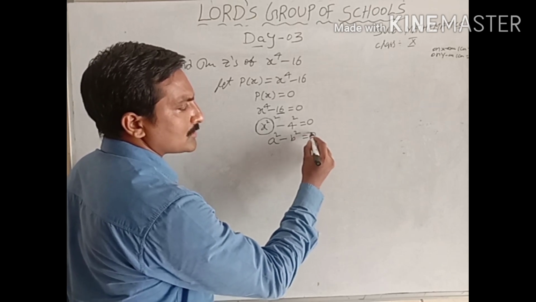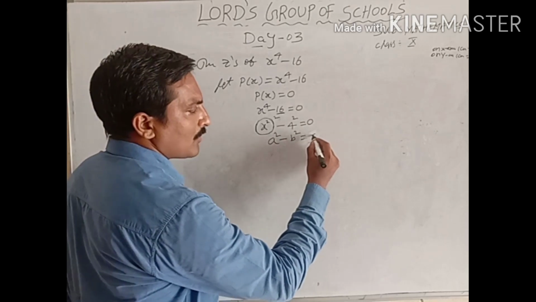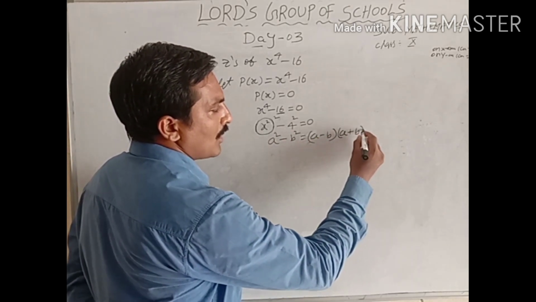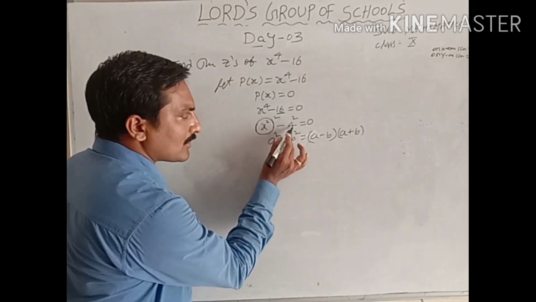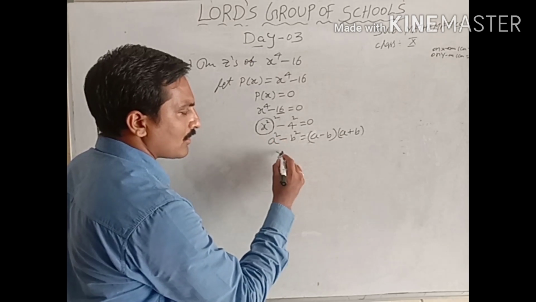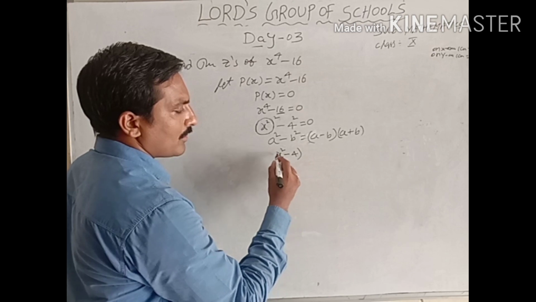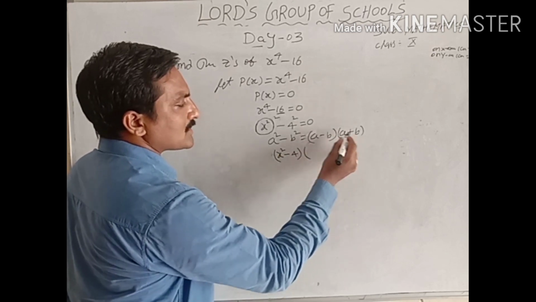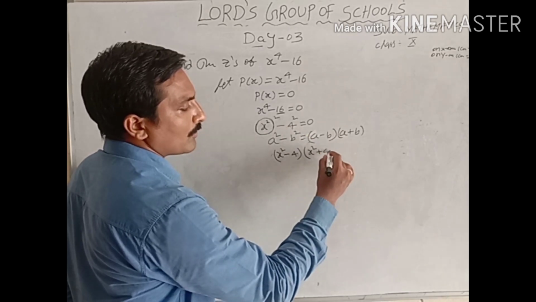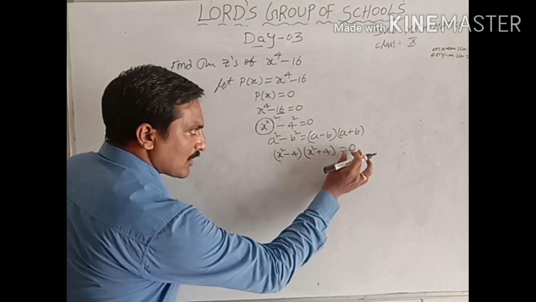The formula is a minus b into a plus b. Expanding, a means x square, b is 4: x square minus 4 into x square plus 4 is equal to 0. Now each factor is equal to 0.